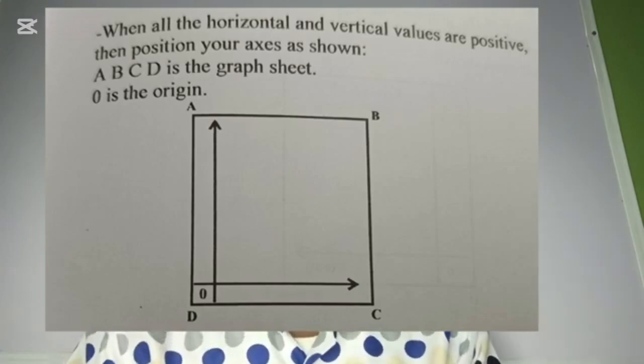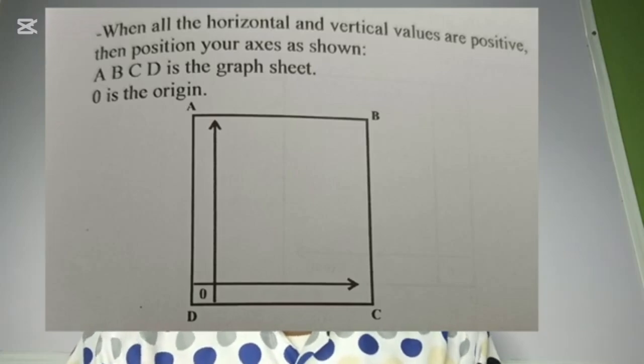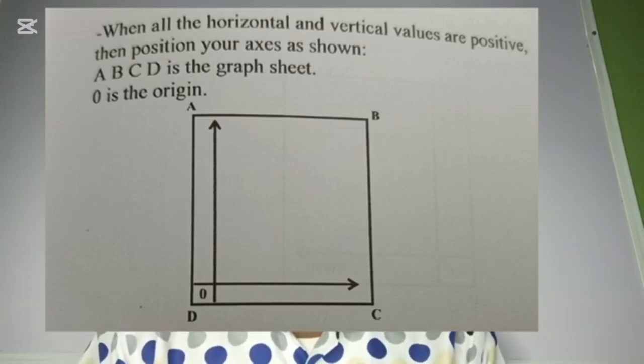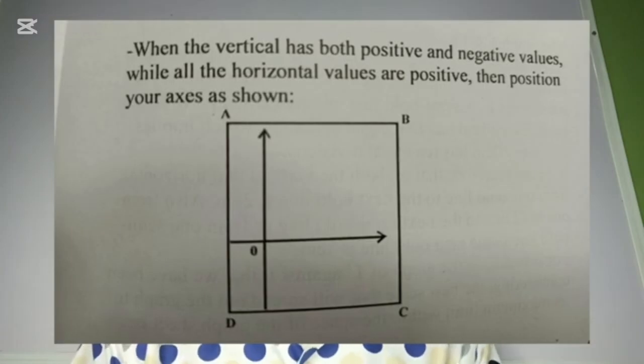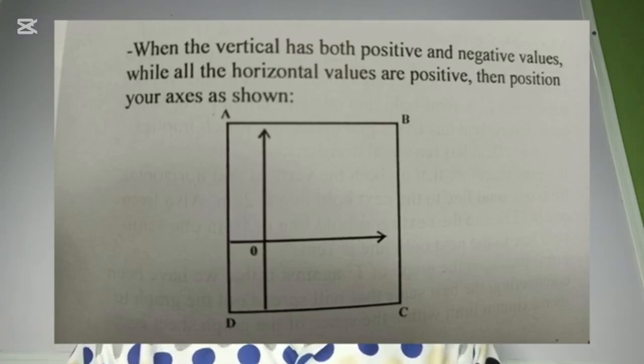That's when we have both vertical and horizontal being positive. When the vertical and horizontal have both positive and negative values, the drawing of your graph will be something like a cross as shown to you on the screen. I believe this shouldn't be any problem, because the values of your table will determine how your graph will be.